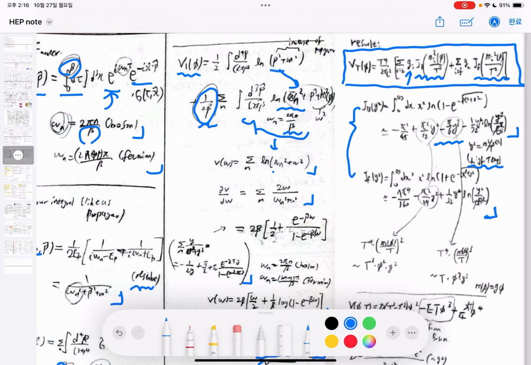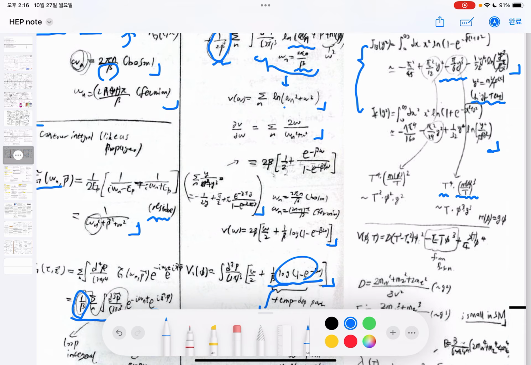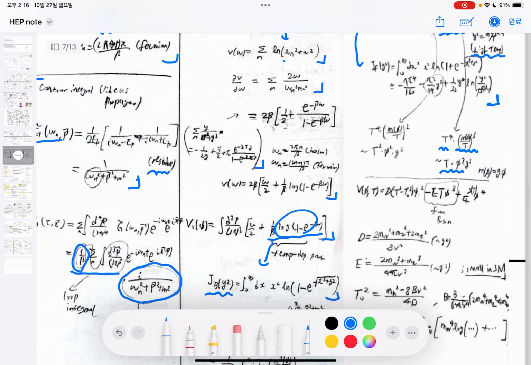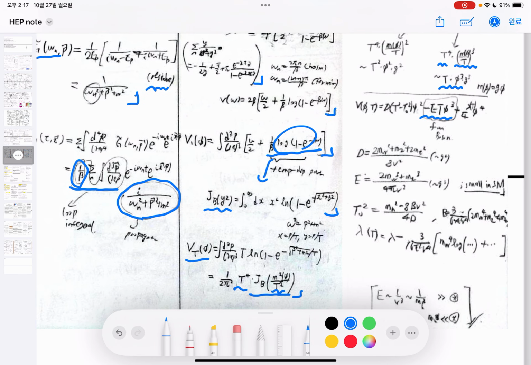So this gives T to the 4 times the m over T cubic term. So this gives T times the m cubic term. Such a cubic term from the bosonic contributions gives an important role for the phase transitions in the early universe.